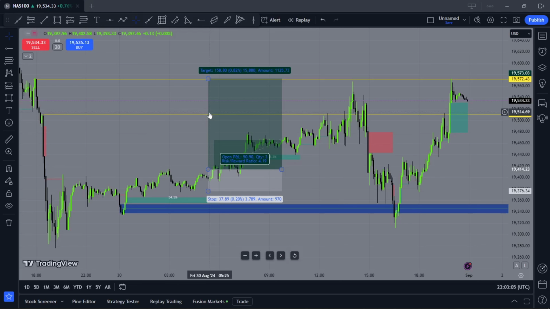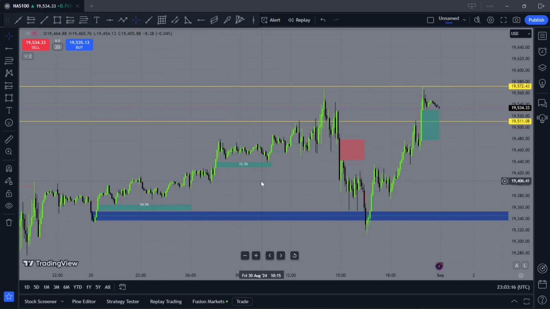Now, if in any case you missed it, like the way I missed it today, what do you do? You enter another trade if this level is the break of structure. Now this is another trade that just broke the structure, right? You could have entered a trade at this level.